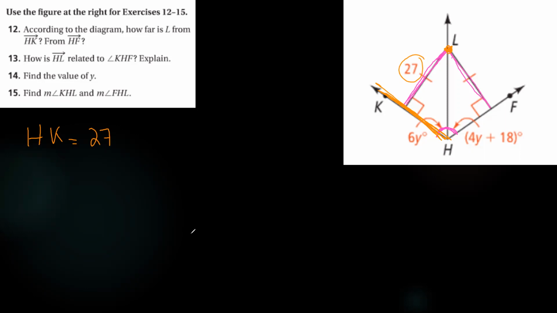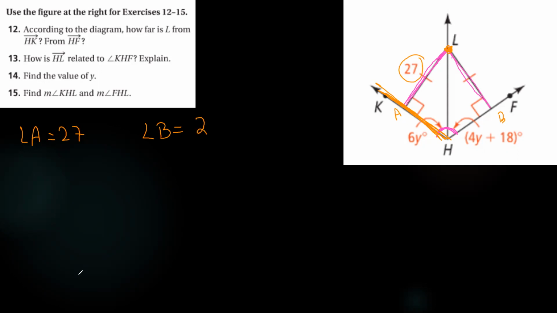We can name them A and B here. So, LA is 27. Now, what about the distance from L to HF, which is LB? What is the length of LB? 27.